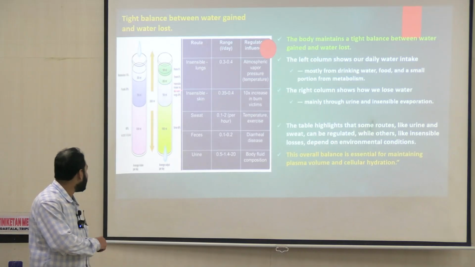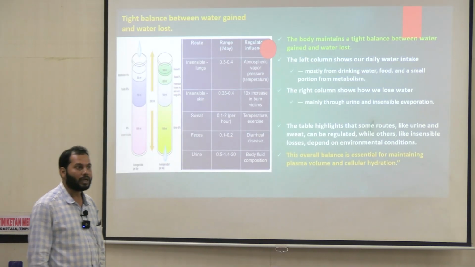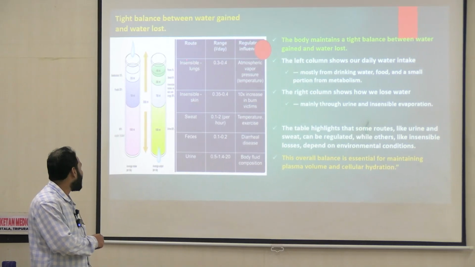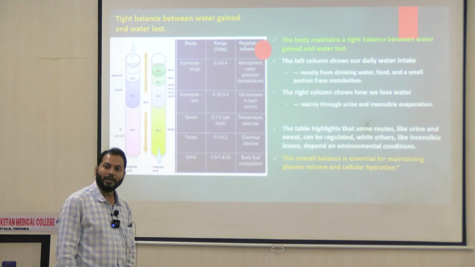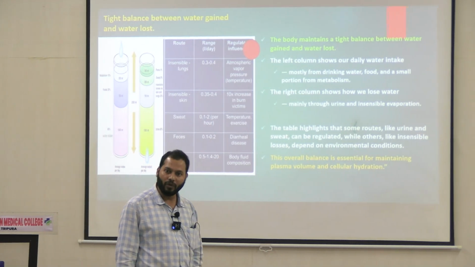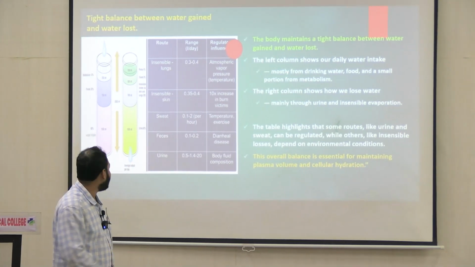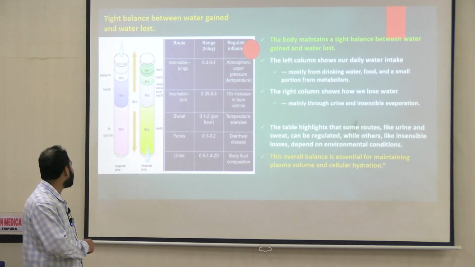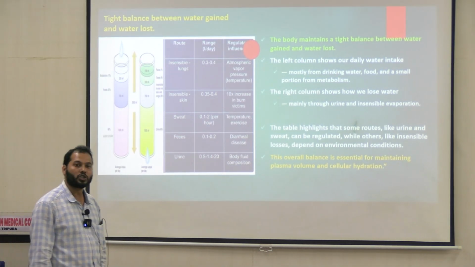Other than this, there are some insensible routes, the skin and the lungs. Both of these insensible routes are used to lose a certain amount of water, right? Other than this, some water is lost with feces, around 4%, and some is lost through sweat.